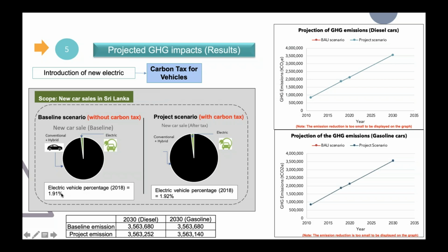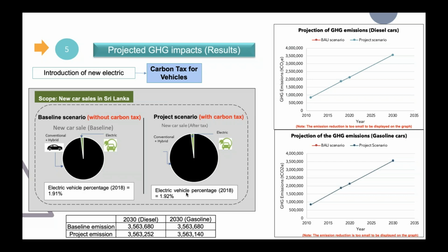As you can see, for the percentage change of the share of electric vehicles in the baseline scenario, we did the calculation for 2018 since we had some data, and the percent share was only 1.91, whereas with the carbon tax, it has increased very slightly. I mean, this is a very marginal increase.